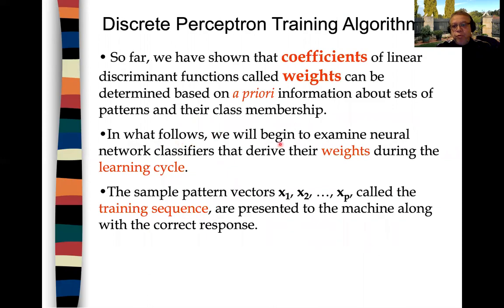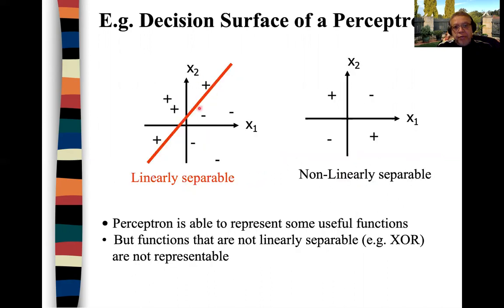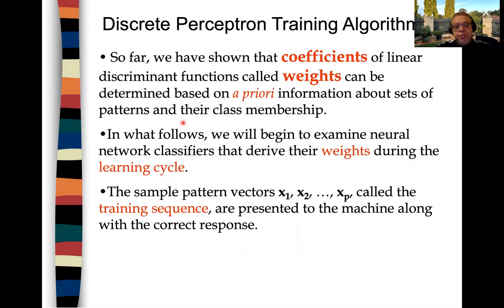In what follows, we will begin to examine neural network classifiers, meaning ways to determine the weights during a learning cycle. So we're going to find these weights, the slope and the intercept for the case of a linear discriminant function, using a learning procedure.